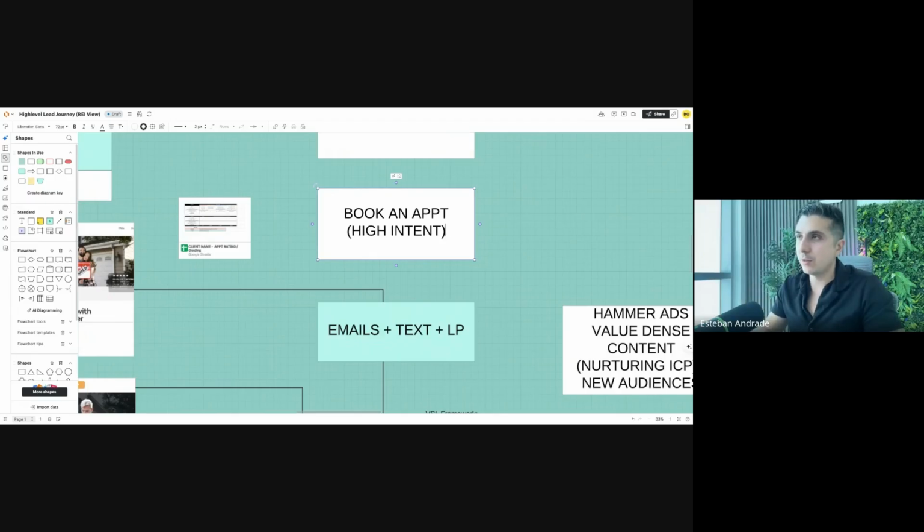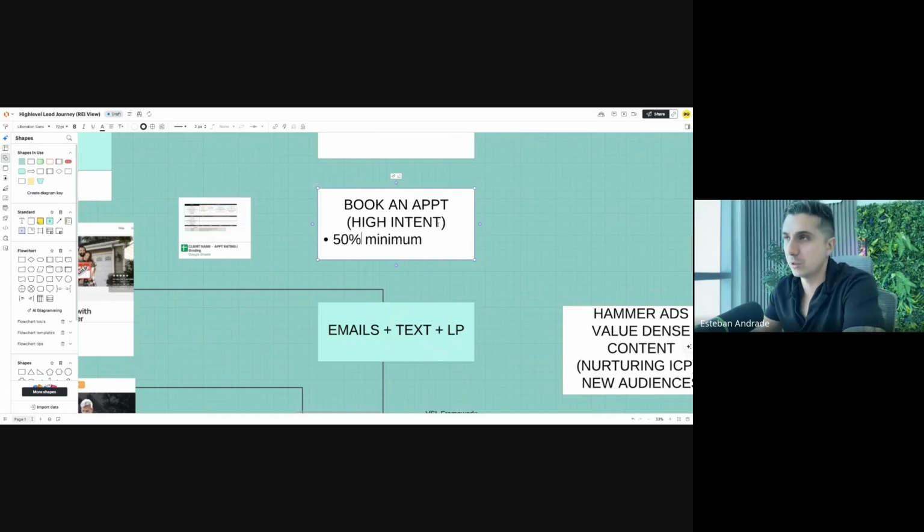Now, the way that you want appointments to look is that at least 50% minimum of all leads need to book an appointment if you have a good funnel, right? 50% of people should be able to actually book an appointment.